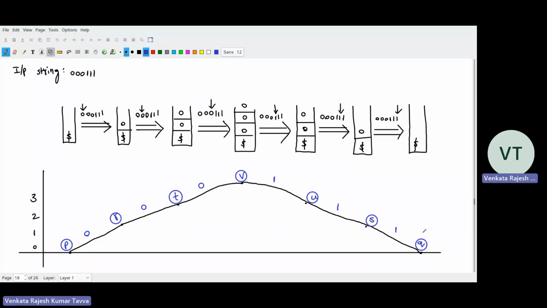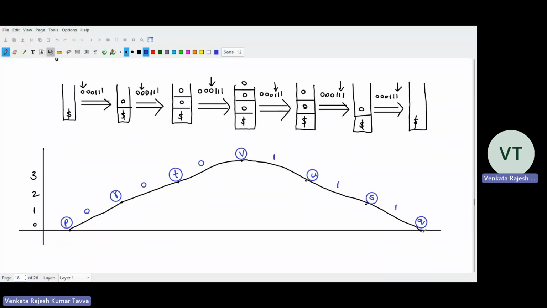These states are different from the PDA states. This is just the stack state, if I give a name to the stack state. Okay. So 000111 is taking me from state P to state Q. Okay. So I can assume that this string will be recognized by the PDA. Okay.